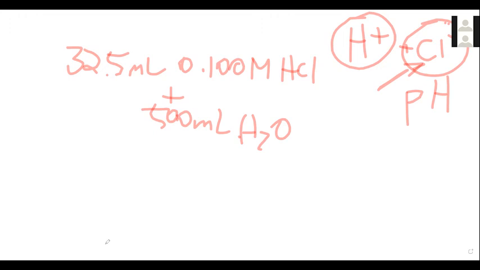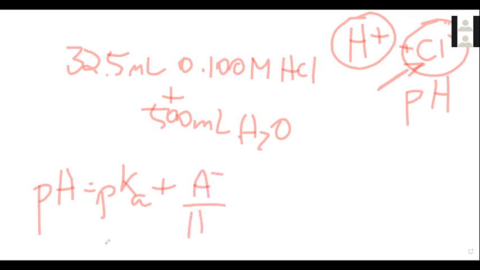Sorry, I couldn't quite make that out. Where do I get the pH from? I think the confusion is that we only use the Henderson-Hasselbalch equation when we have a weak acid. It's only applicable when we have a weak acid. When we have a strong acid, the concentration of HA is 0.